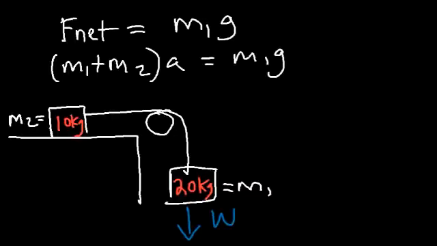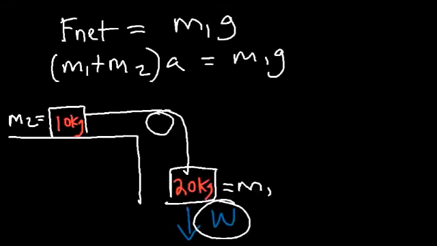The reason we have to use the total mass is because the weight force, or M1G, has to pull both the 10 kilogram object and the 20 kilogram object in this direction. If the 10 kilogram object wasn't there, this object would fall at an acceleration of 10. But because the 10 kilogram object is there, it's going to slow the descent of the 20 kilogram object. So you have to incorporate M2 somehow into this equation.